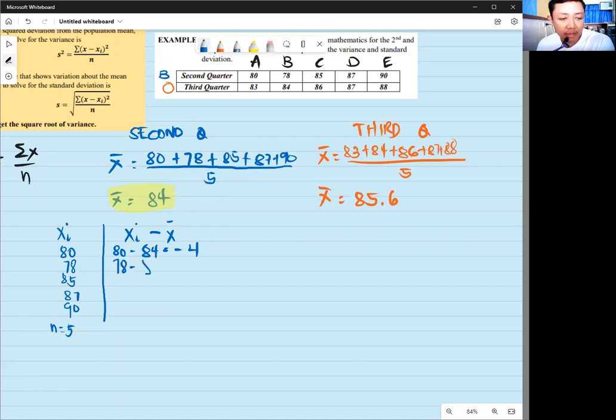Now do the same for the rest. 78 minus 84, and then 85 minus 84, and then 87 minus 84, and finally, 90 minus 84. Send me the answers, the 4 remaining values, in the chat box.